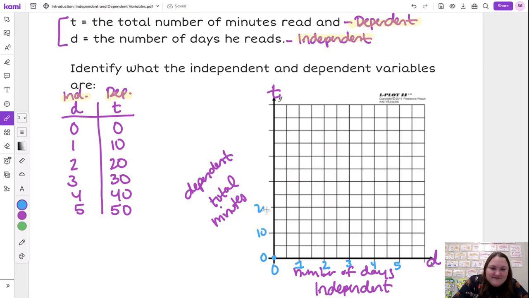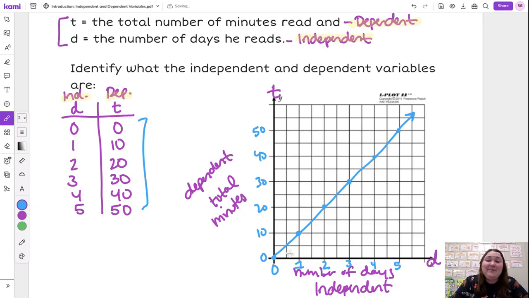So 10, 20, 30, 40, 50. I could say after 1 day, he's read 10 minutes and put a point there. After 2 days, he reads 20 minutes. 3 days, 30 minutes. And keep putting those points that we already have over here in our table to help us graph and create a line of the story.